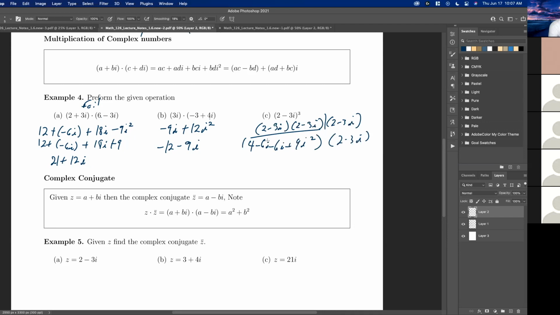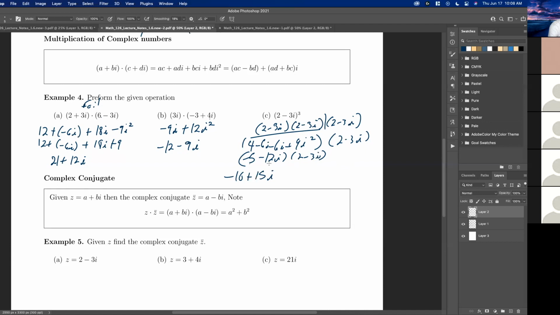We'll simplify this down. So this becomes -9 plus 4, so it'll be minus 5. This becomes minus 12i. And we're going to multiply this by 2 minus 3i. So let's go ahead and FOIL again. So this becomes minus 10. Outside, so negative 5 times this will be plus 15i.